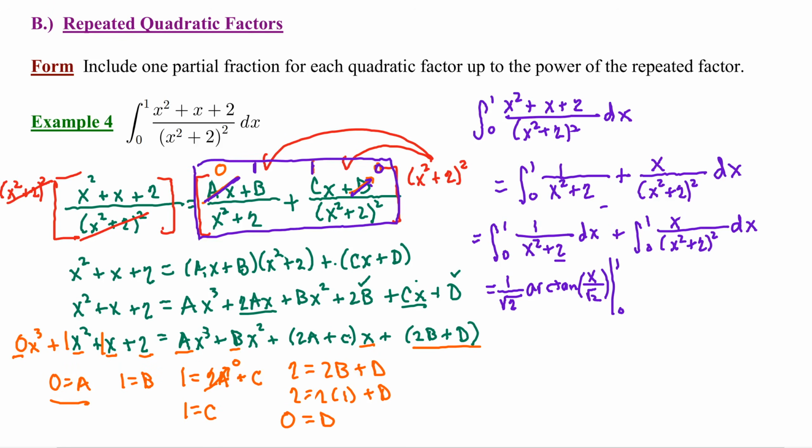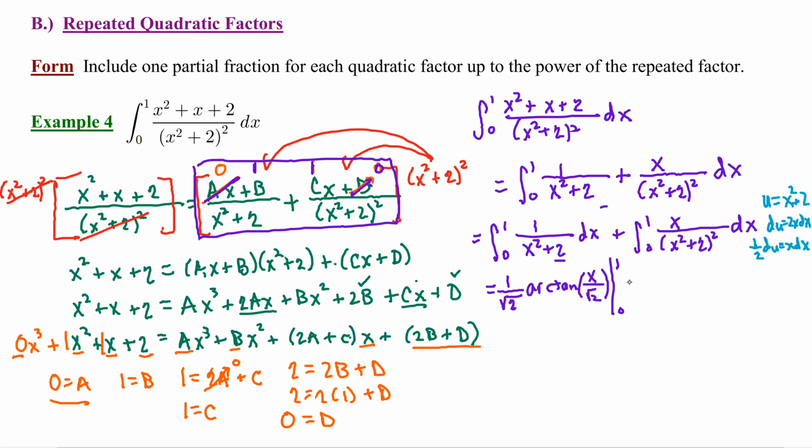Now, the second integral we can't handle directly, but we can make a u substitution. Do you recognize what the u substitution should be? We're going to let u equal x squared plus 2. du then is 2x dx. That's going to cover the numerator, but let's multiply both sides by 1/2.